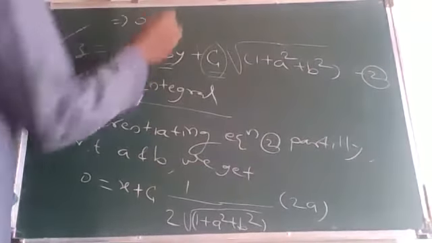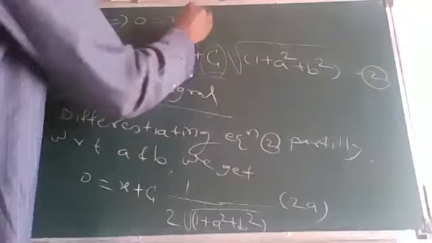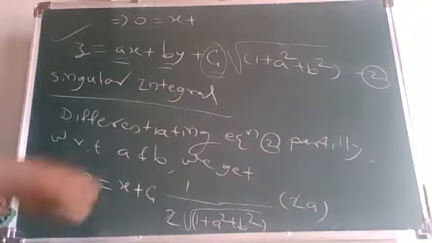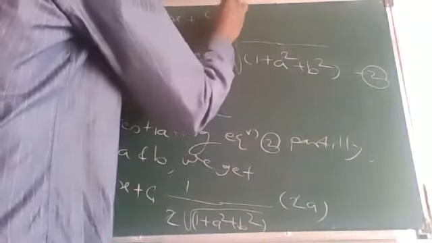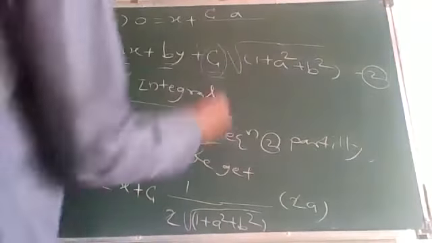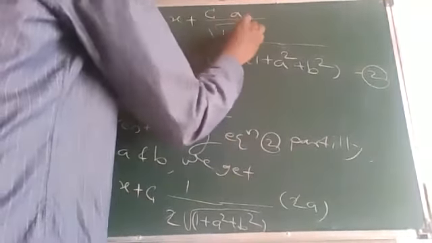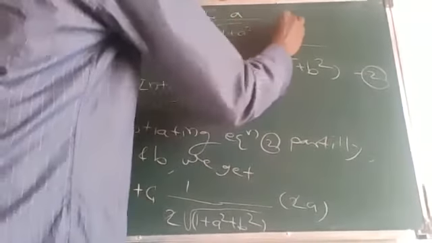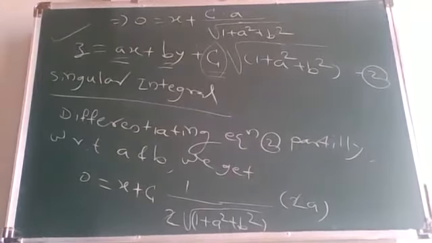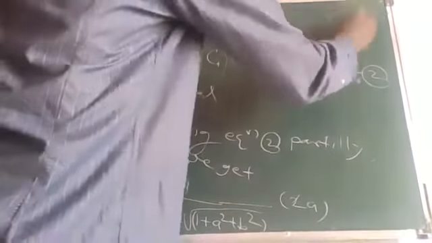That implies 0 is equal to x plus, these two get cancelled, capital C into A divided by square root of 1 plus A square plus B square. Put the number as 3.